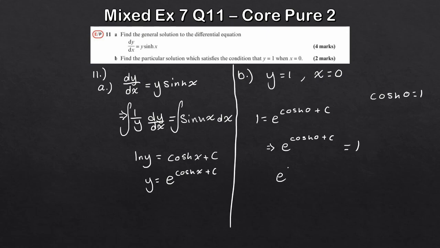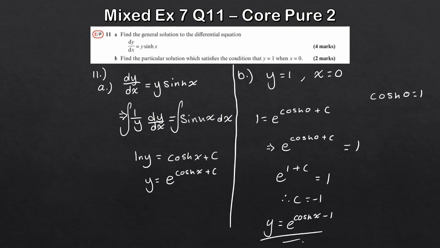At the minute, this is e to the 1 plus c equals 1, so 1 plus c has to be 0. So my c must be minus 1, for that to be e to the 0. So c is minus 1. And if I write that as my particular solution, it's going to be y equals e to the cosh x minus 1. Okay, and that's my final 2 marks.